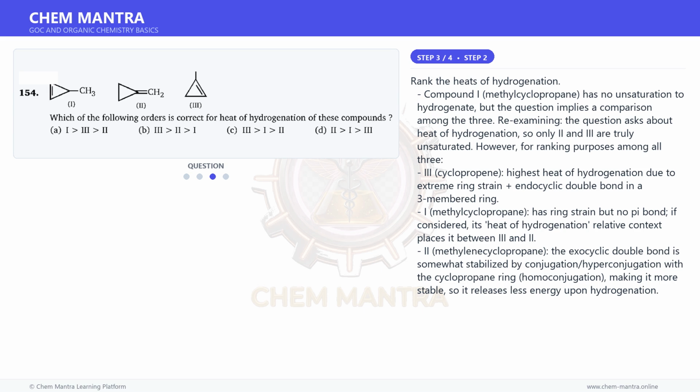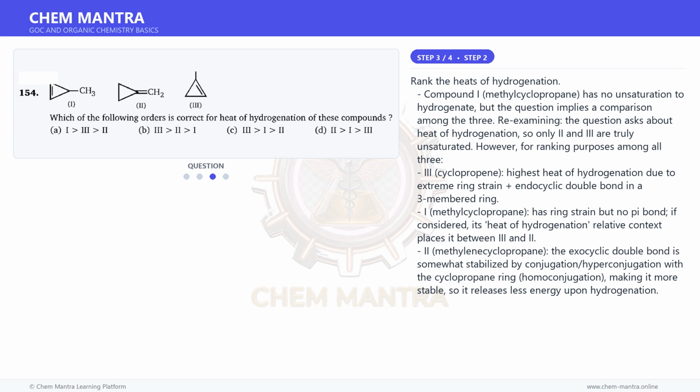However, for ranking purposes among all three: 3, cyclopropene, has the highest heat of hydrogenation due to extreme ring strain plus an endocyclic double bond in a three-membered ring. 1, methylcyclopropane, has ring strain but no pi bond. If considered, its heat of hydrogenation relative context places it between 3 and 2.